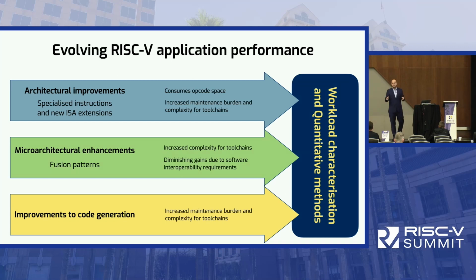So what we really need in order to drive this is real fact-based decisions. So quantitative analysis of the actual workloads, of the dynamic behavior, as well as workload characterization, understanding what each of the workloads does. As of today, within RISC-V, we haven't really built up that database of workload knowledge.